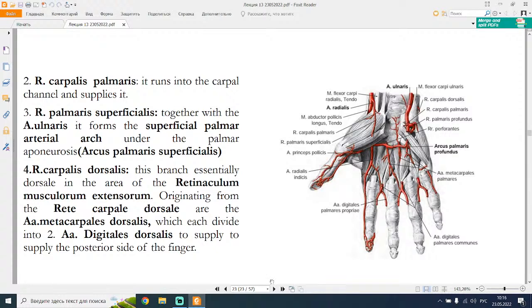The arteriae metacarpales dorsales each divide into two arteriae digitales dorsales to supply the posterior side of the finger. This is the dorsal surface of the palm.